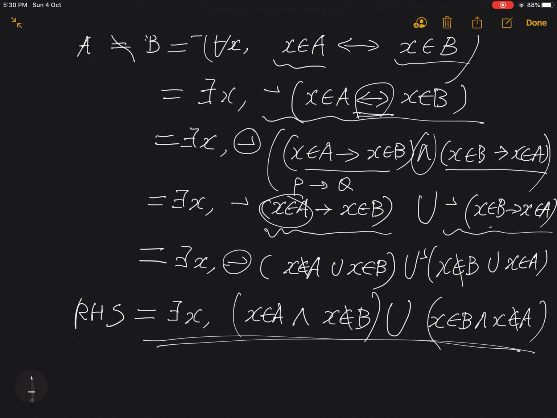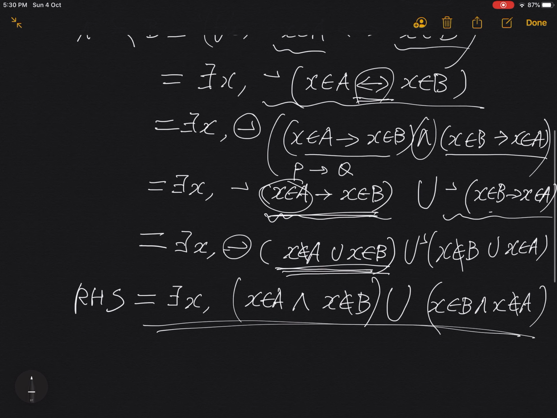And then we use De Morgan's law to take the negation inside. After that, we use a conversion theorem to change the conditional statement to the or statement. Okay, and the last line is De Morgan's law. Again, we just take the negation inside.